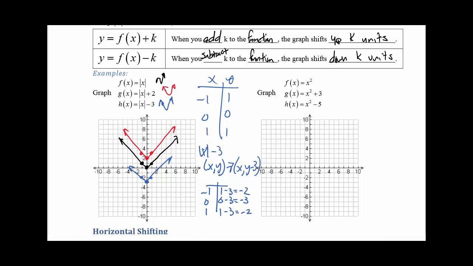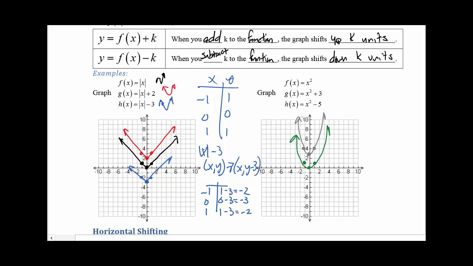Let's take a look at the next one. Here we've got x squared for our parent, and the critical points there are that it goes through 0, 0, 1, 1, and negative 1, 1. But again, there's a curve to it. If I shift up 3 units, instead of going through 0, 0, it's going to go up to 0, 3. But all those other points are going to go up 3 as well.